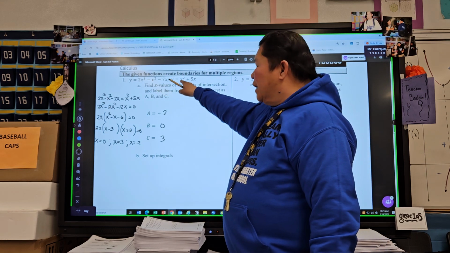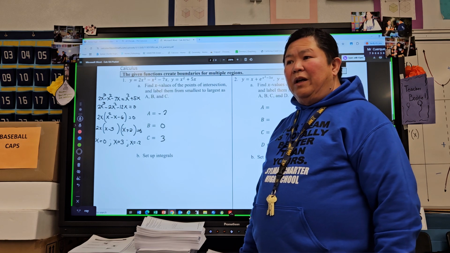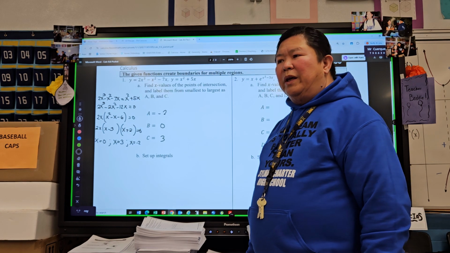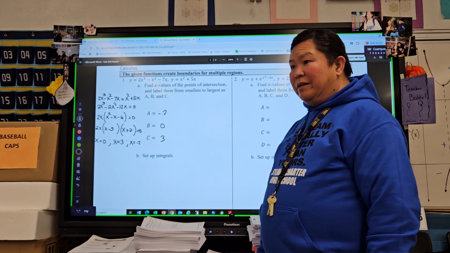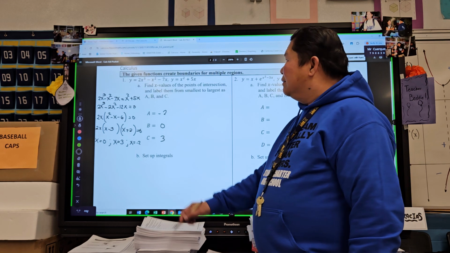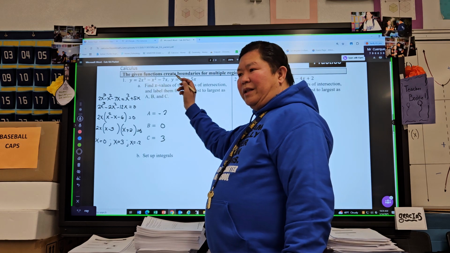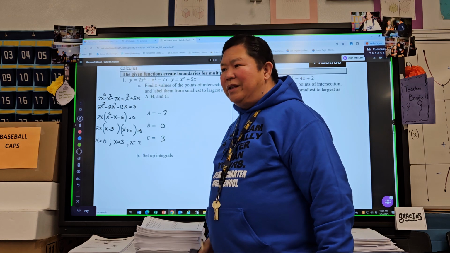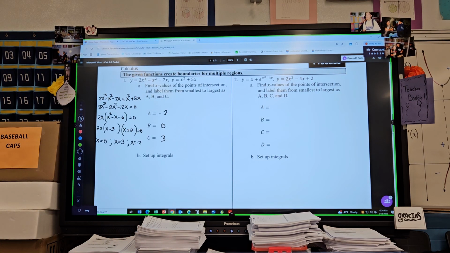Up. Why? Because the leading coefficient is positive. So that means the upper curve in this case is this one, right? This is the f of x and this is the g of x. And then what's next for that curve?